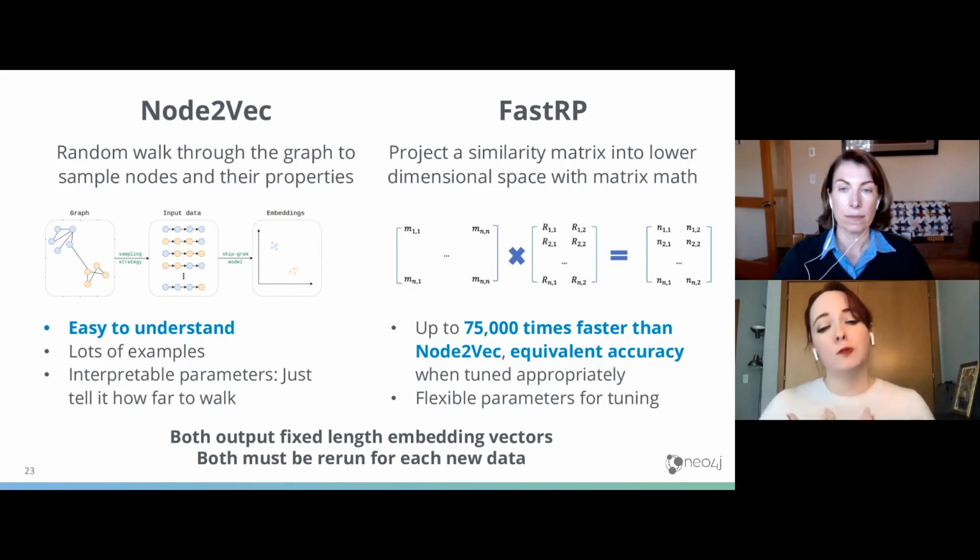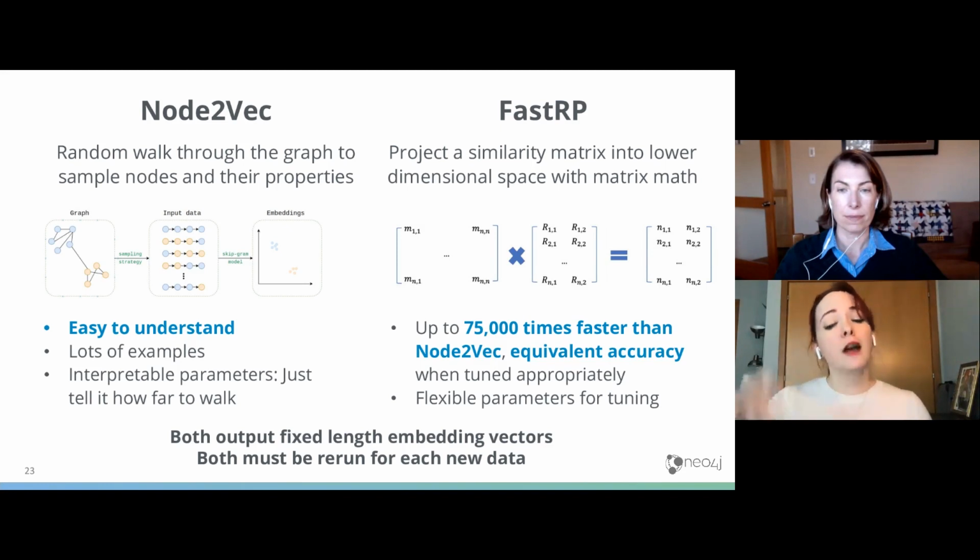You multiply those two matrices, and then you get a dimensionality preserving lower dimensional representation. And that is a little harder to wrap your head around. It's some beautiful math. Node2Vec is actually an approximation of what FastRP calculates directly. The cool thing here is that FastRP is 75,000 times faster than Node2Vec with equivalent accuracy when you've tuned it appropriately.